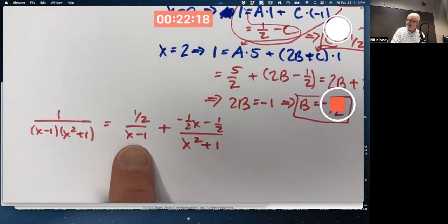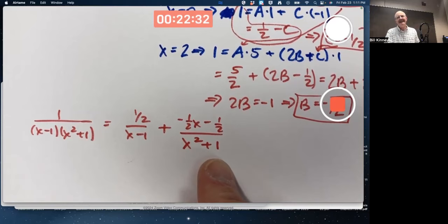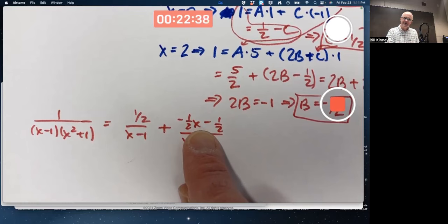Integrating that is easy. Think with me here. That would be 1/2 natural log of the absolute value of x minus 1. Integrating this, a little harder looking, but if w were x squared plus 1, dw would be almost up there. Not quite. If w were x squared plus 1, dw would be 2x dx, which is, I mean, there's an x in there.